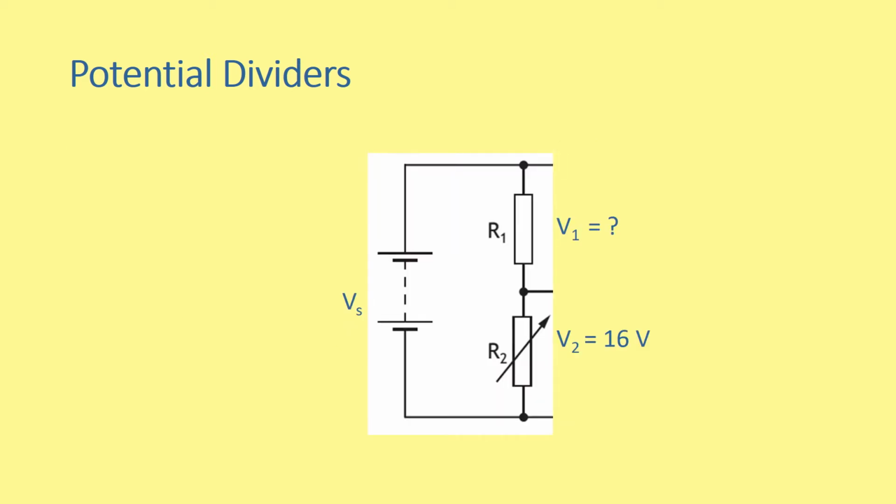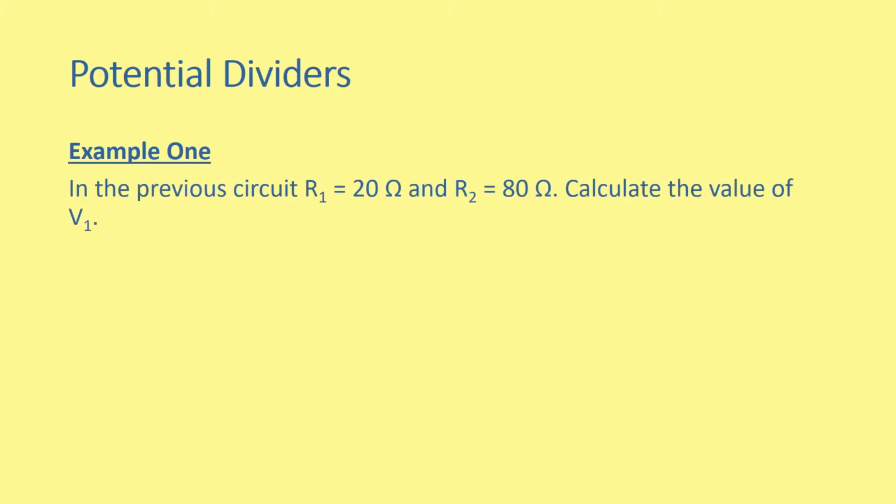So here we have a potential divider circuit. We have supply voltage Vs. We want to find V1, and V2 is equal to 16 volts. In the previous circuit, R1 is equal to 20 ohms, R2 is equal to 80 ohms, and you're asked to calculate the value of V1.